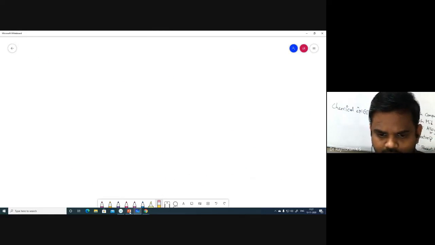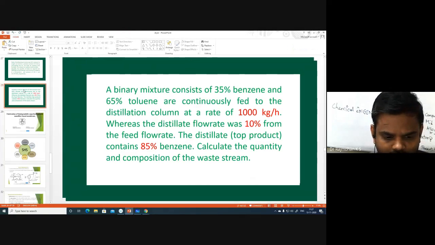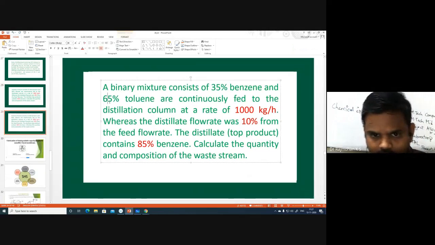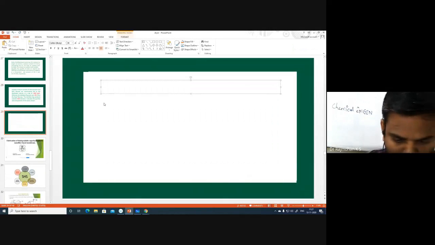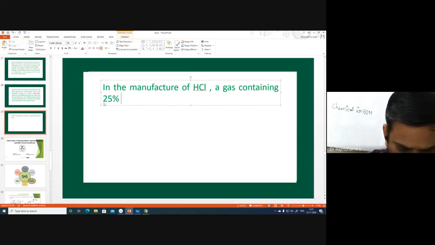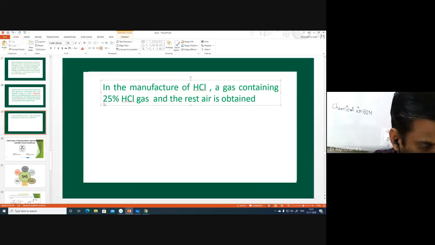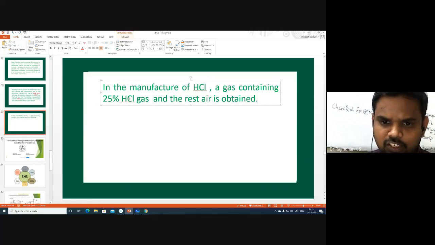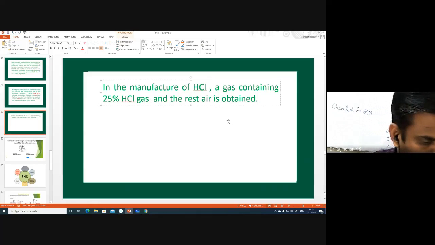Now take down this problem. In the manufacture of HCl, a gas containing 25% HCl gas and the rest air is obtained.